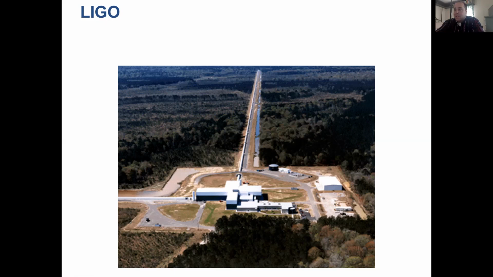And so that's what you're trying to measure. Even over this 4 kilometer range and this 4 kilometer range, you're trying to measure the difference in the positions of those hanging masses by something like a fraction of an atom width. It's an extraordinarily hard measurement to make.